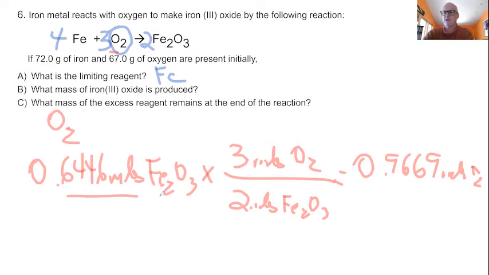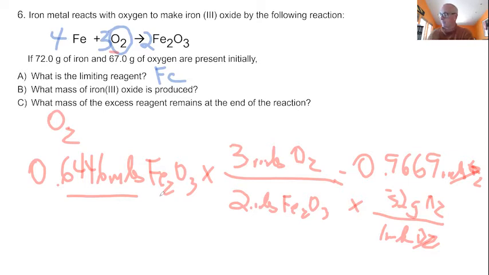What mass of oxygen was consumed? Well, convert moles to grams. That's how many moles of O2 I have. I just multiply that by 32 grams of O2 in 1 mole of O2. Moles of O2 are taken out, and I'm left with grams.